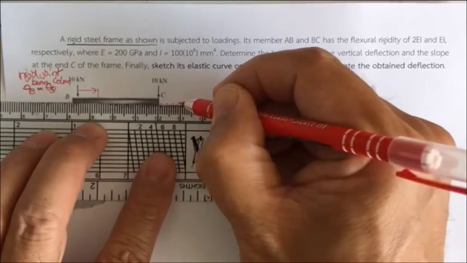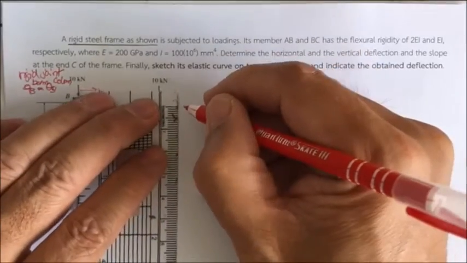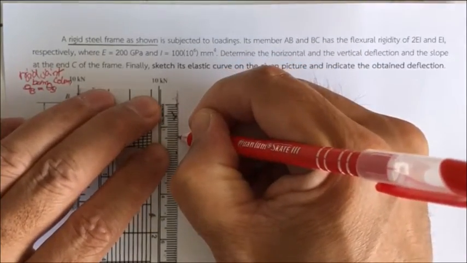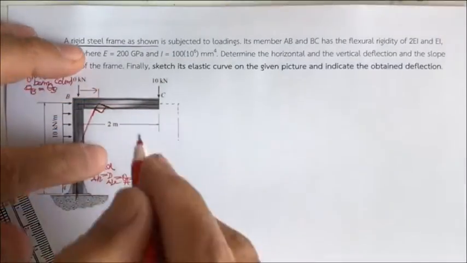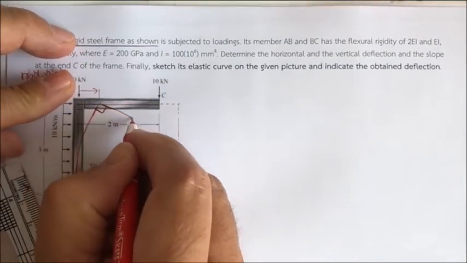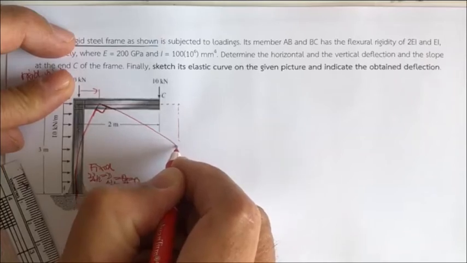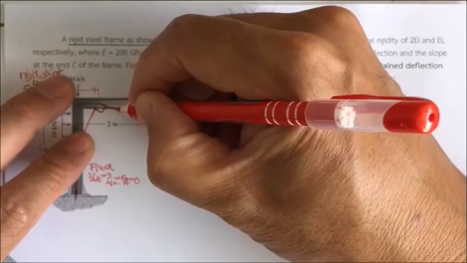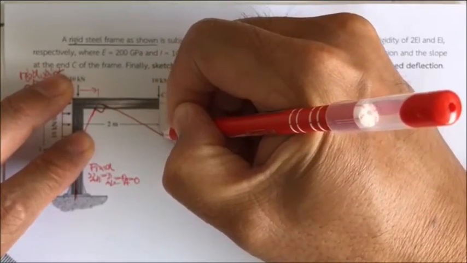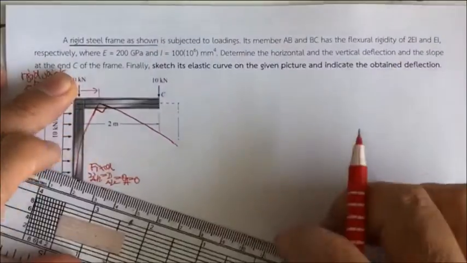It's going to be like this, okay? And this one is going to have some deformation, something like this, and this is going to have some curve like this, and this is supposed to be the preliminary deformation of this frame, okay?